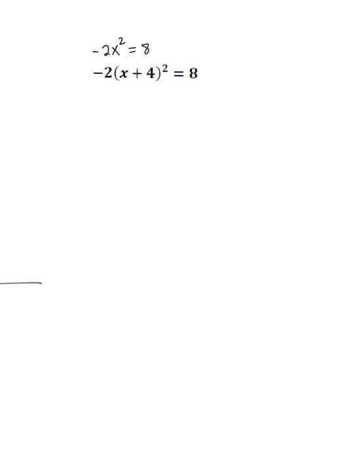So we're going to do that same thing here. So I'm going to divide this by -2, divide this by -2. So these cancel. And you have x plus 4 squared equals 8 divided by -2, which is -4. And then now this problem looks like the last one we just did. You're going to take the square root on both sides. I'm going to put my plus or minus.